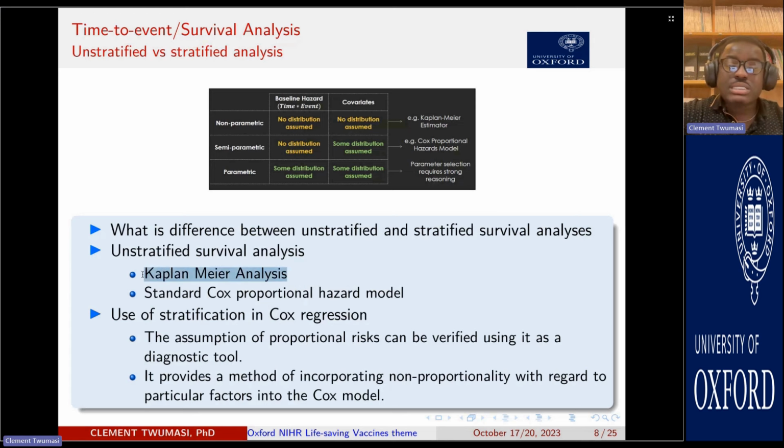So some studies or some researchers consider Kaplan-Meier as the only unstratified method, which is not true. Even for the Cox proportional hazard model, we could have the unstratified version and the stratified version. Don't forget, based on the assumption I gave, we expect that the continuous covariates should not be what? Time varying.